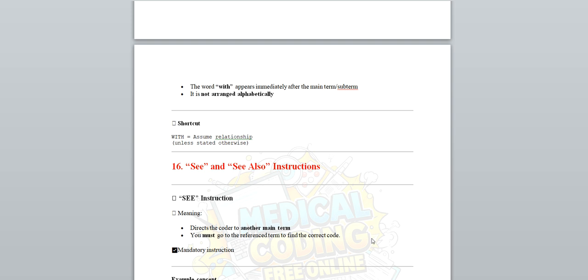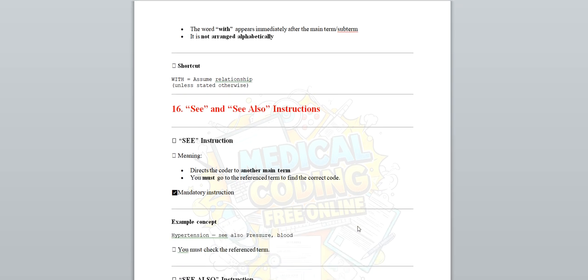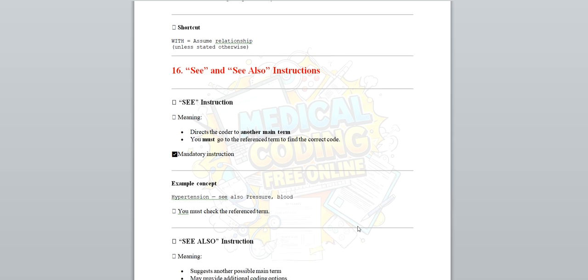Next, "see" and "see also" instructions. The "see" instruction directs the coder to another main term. You must go to the referenced term and find the correct code. It is a mandatory instruction. Example: hypertension, see also procedure blood.